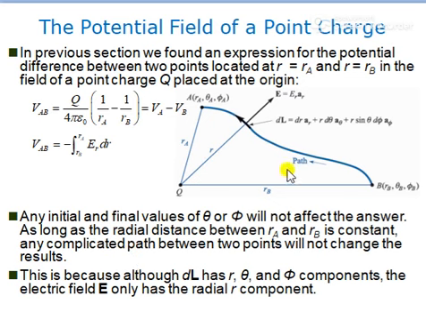This is because although dl has r, theta and phi components, the electric field only has the radial r component.